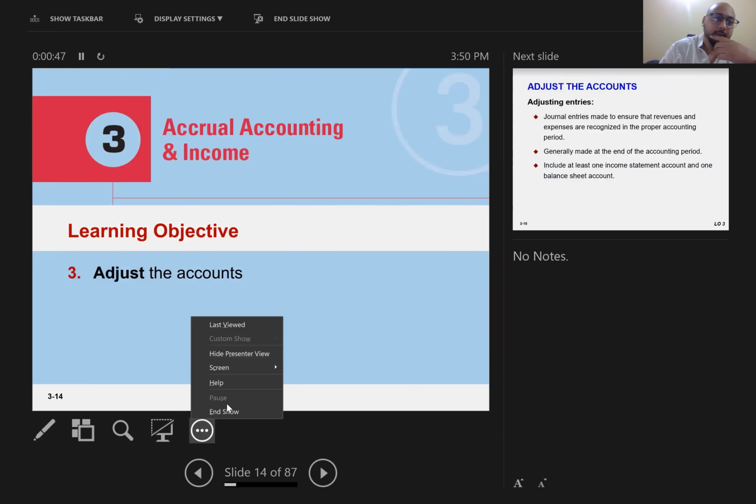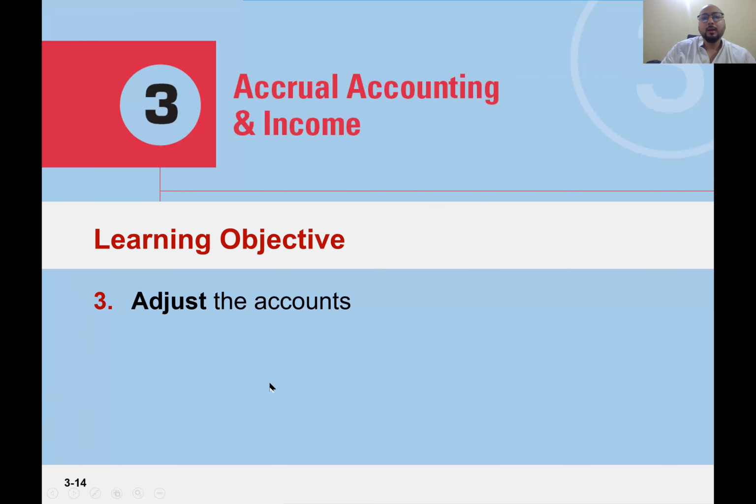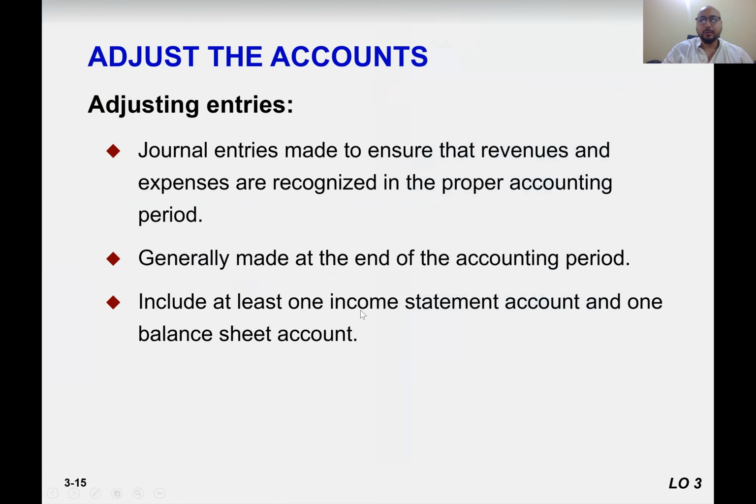Our third learning objective is to adjust the accounts. From here we are talking about adjusting entries. What are adjusting entries?